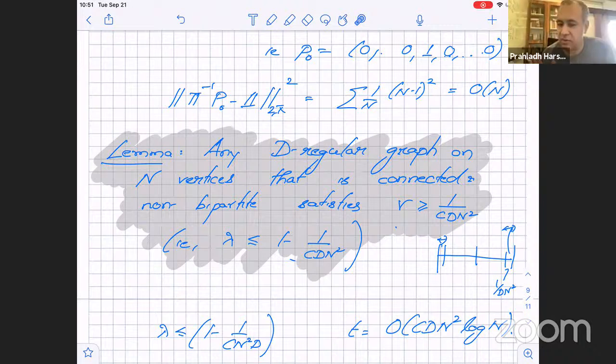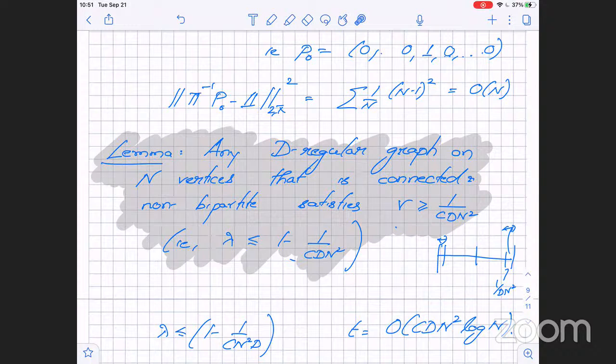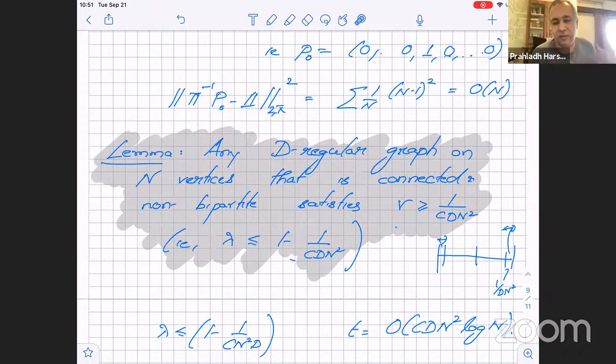Ishan, does it answer your question? Yes, it is clear. I just got confused and I think I misinterpreted. Yeah, certainly if gamma is greater than 1 over cd n squared, that implies it's connected and non-bipartite. But in order to prove that gamma is greater than that, I need the fact that the graph is connected and non-bipartite.